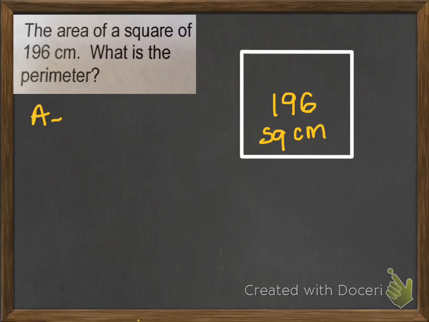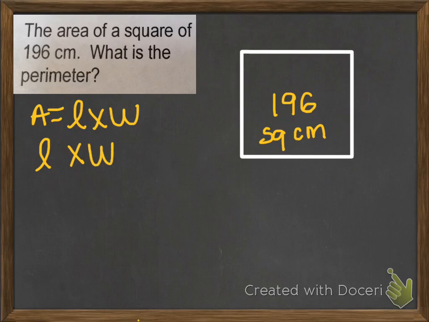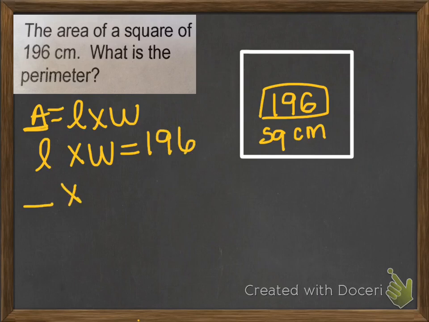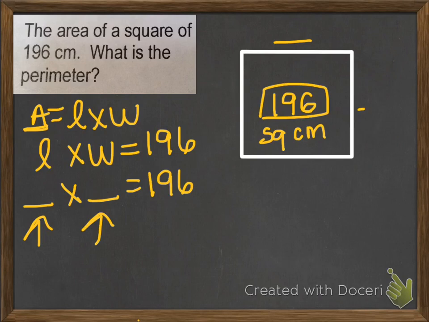Area is equal to length times width, so length times width is equal to 196. This means something times something is equal to 196. If I find out what these two numbers are, then I will get the measurement of the length and the width, which is going to be exactly the same because each side of a square has the same measurement.